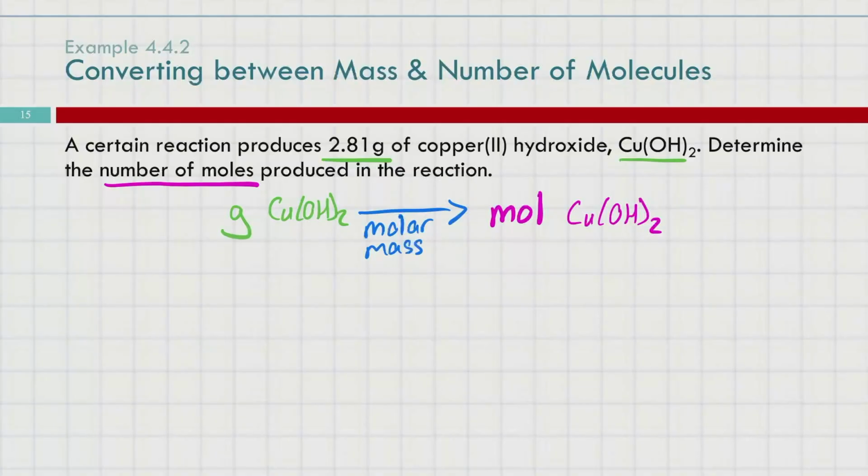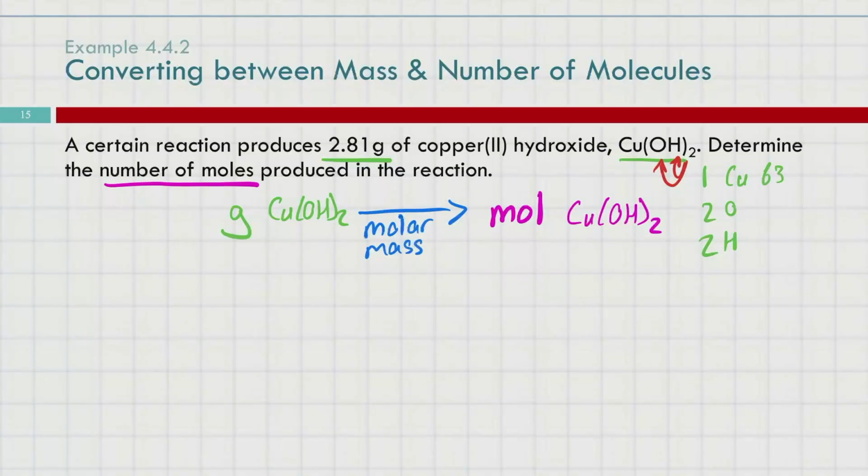We need to calculate it. We've got 1 copper, 2 oxygens, 2 hydrogens. 2 oxygens and 2 hydrogens because of the 2 outside of the parentheses and only having 1 oxygen, 1 hydrogen in the parentheses.